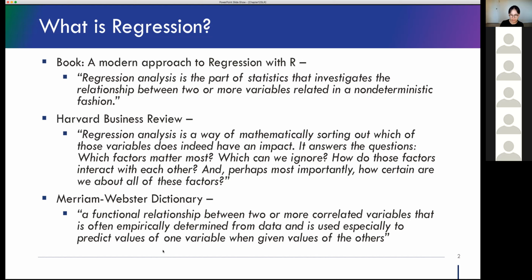So this definition emphasizes the prediction side of regression, like once we get our estimate, how do we do prediction? All this emphasizes some aspect of regression. I feel like I gave you a couple of definitions so that you might get a better idea about what it is.